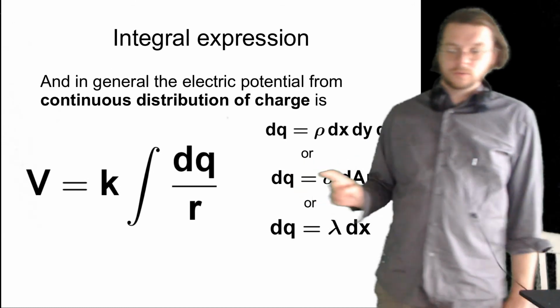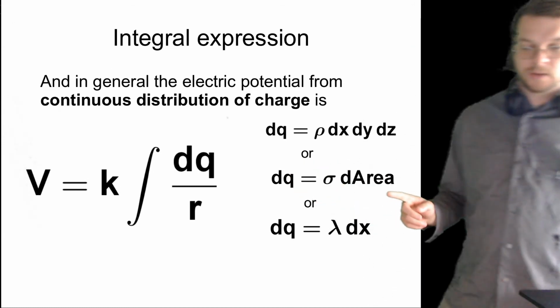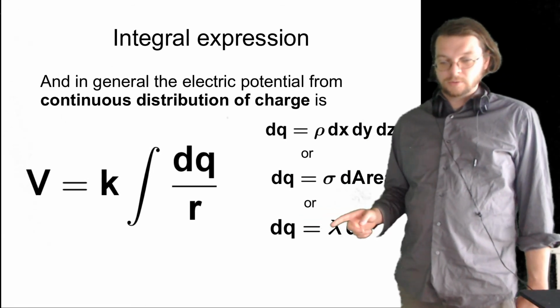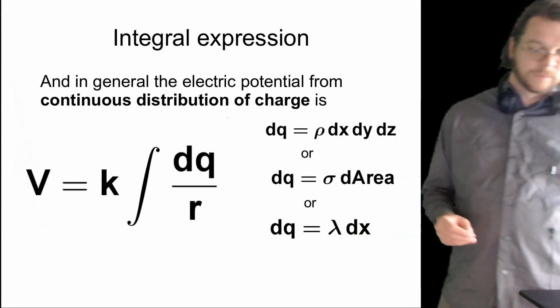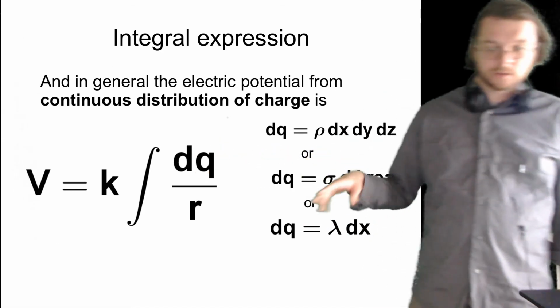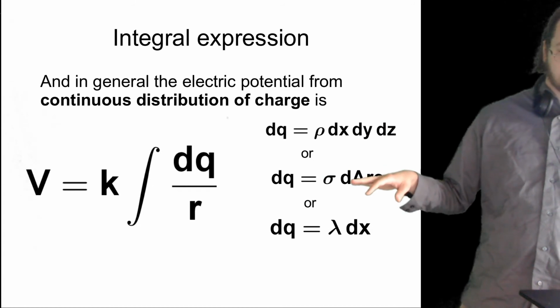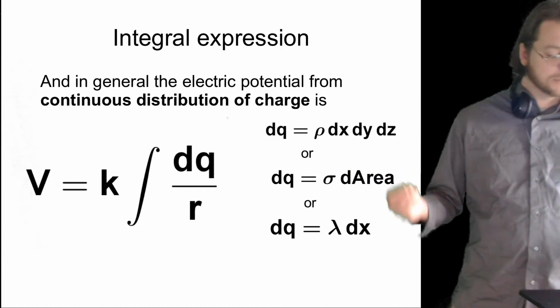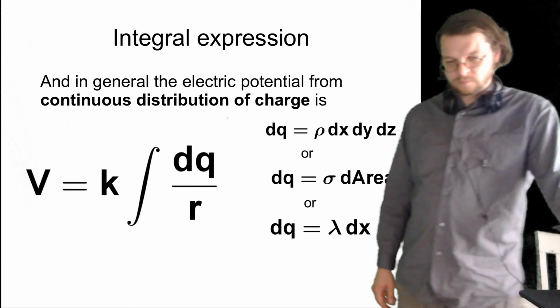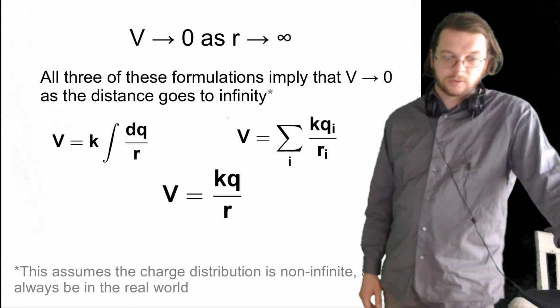Or you can change this to the charge per unit area times the area and integrate over the area. Or you can change this to the charge per unit length times the length. So again, immediately convert this to something less scary. Here we're integrating over a volume, here over an area, here over a line. So you might see something like that in the book.